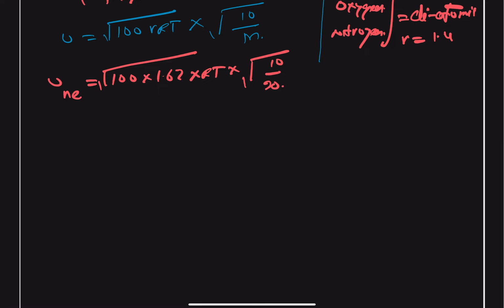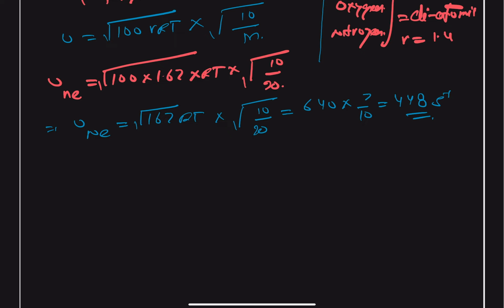This gives us V neon equal to the square root of 167 RT multiplied by 10 by 20, and 167 RT is given to us as 640. So this can be written as 640 multiplied by 7 by 10, and this gives us 448 per second.